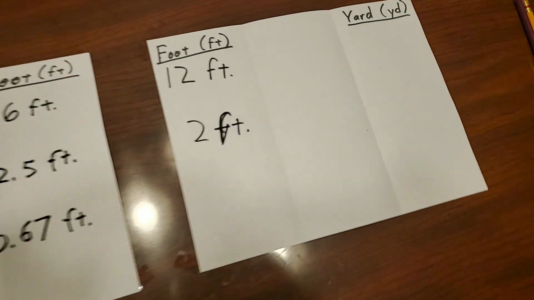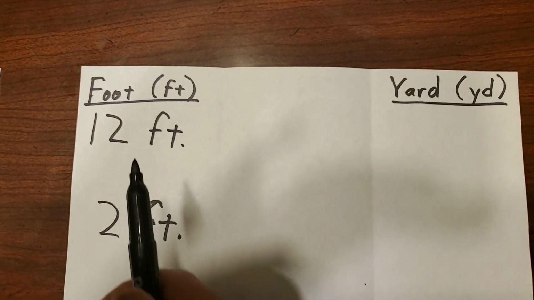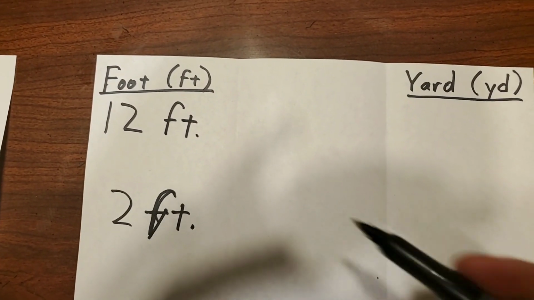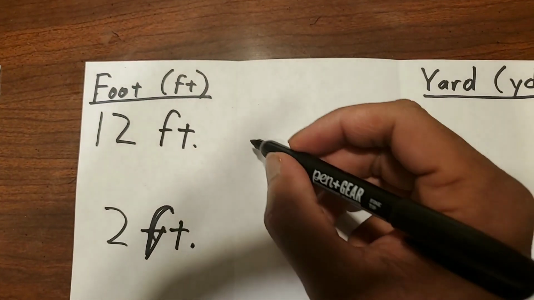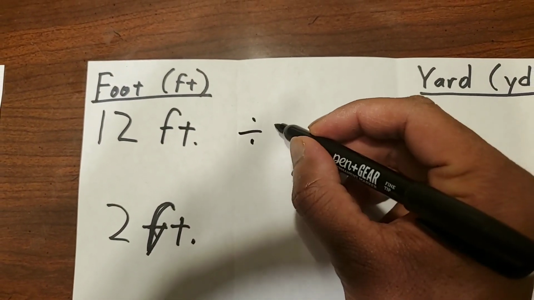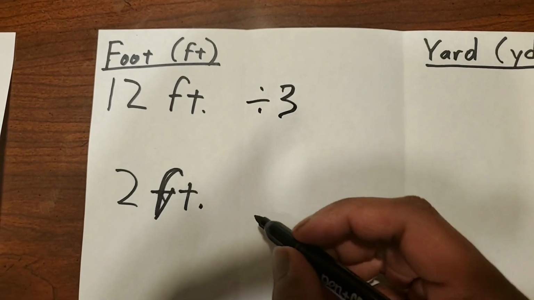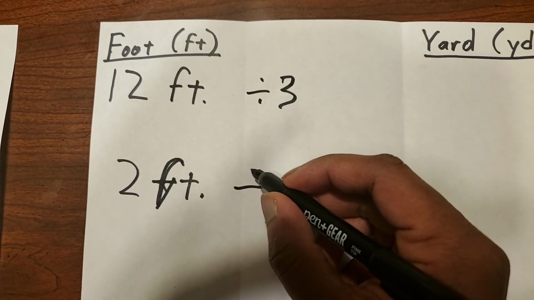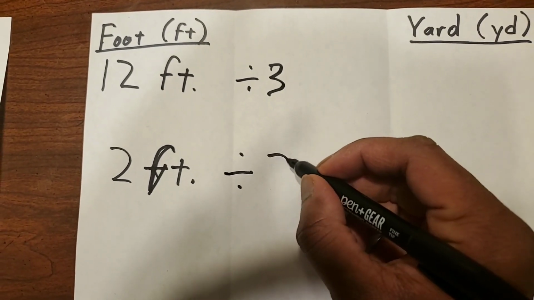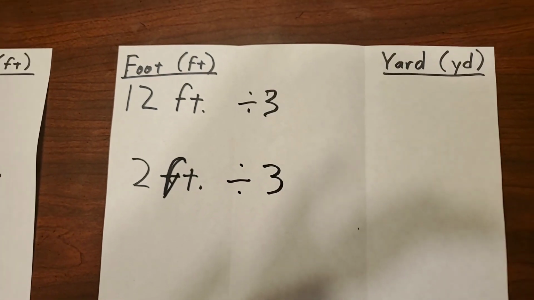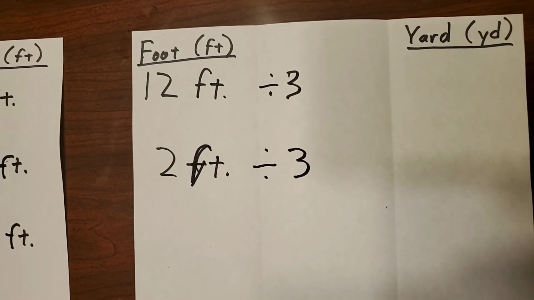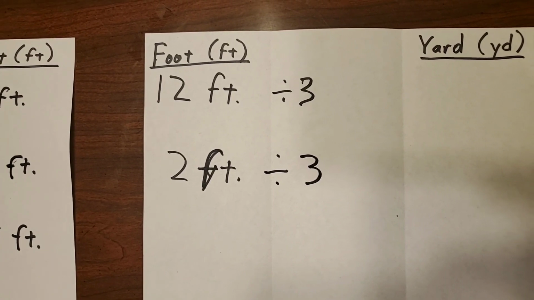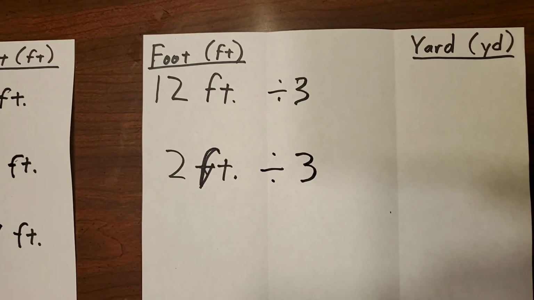We'll take 12 feet and divide it by 3. 12 divided by 3 is real easy.